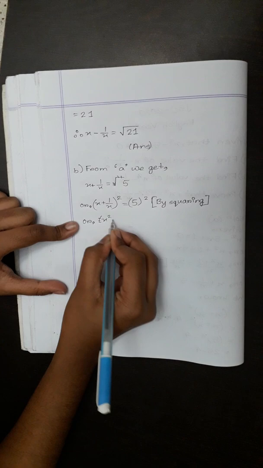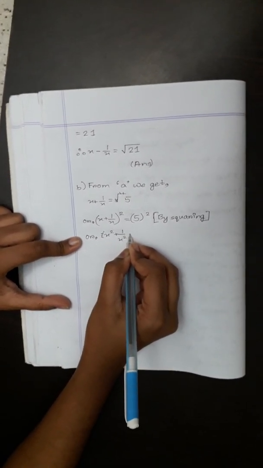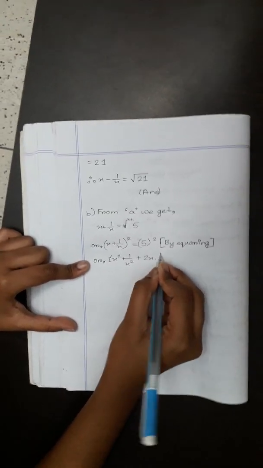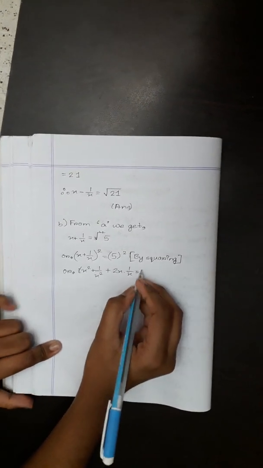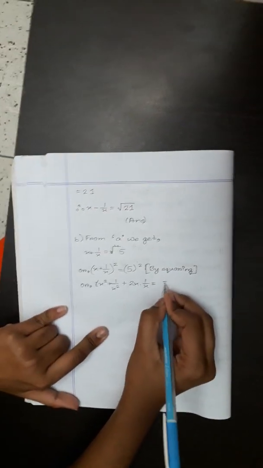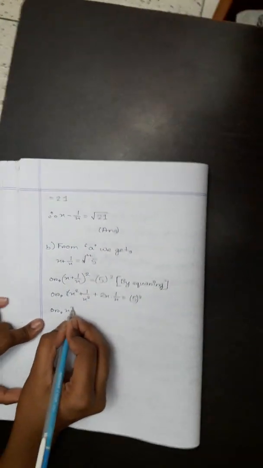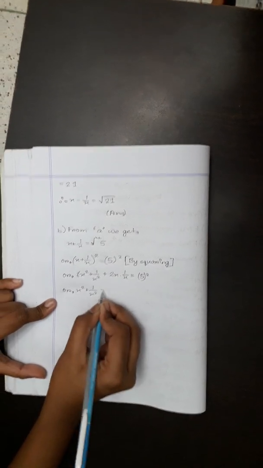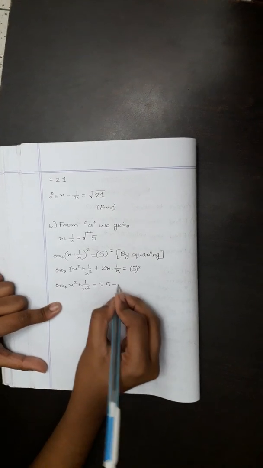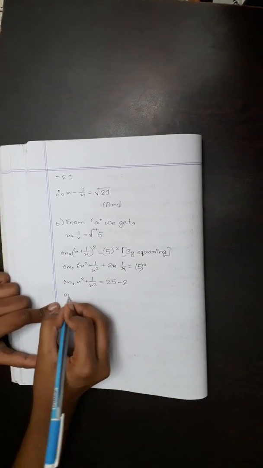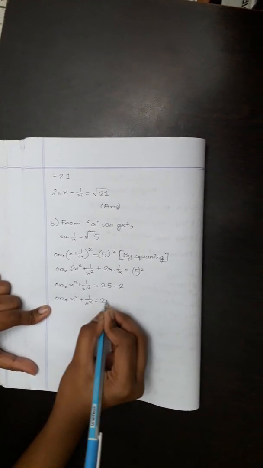Oh, I'm sorry, we don't have to give the bracket over here. x squared plus 2, as we know the formula, is equal to 5 squared or 25, whatever you say. Or x squared plus 1/x squared plus 2 is equal to 25. Now we can cut it, and plus will be converted to minus if we take it to the other side. So x squared plus 1/x squared is equal to 23.